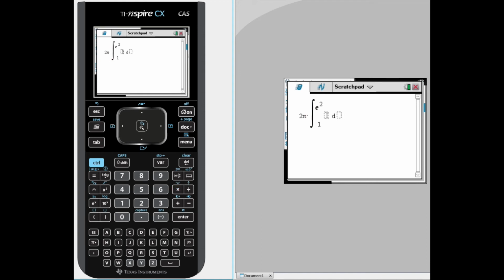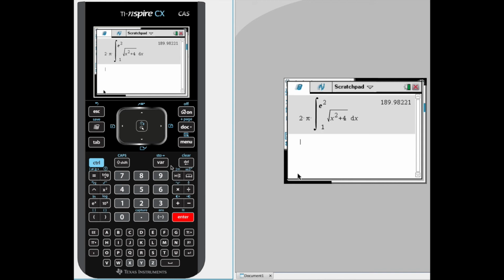Now, finishing that expression inside the integral, we had the square root of x squared plus 4 dx. And control enter to get an approximated answer.